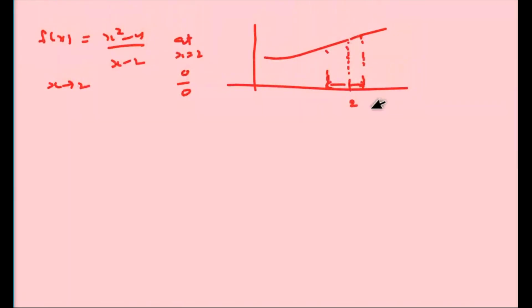Just we can find two points near, just near is 2.00001, and on the left side we can find 1.99, and putting these values we find that the value is near about 4, and it is also near about 4. By calculation we can see, if we take the left side and the right side a little bit of value and a small difference, it is just near about 4.